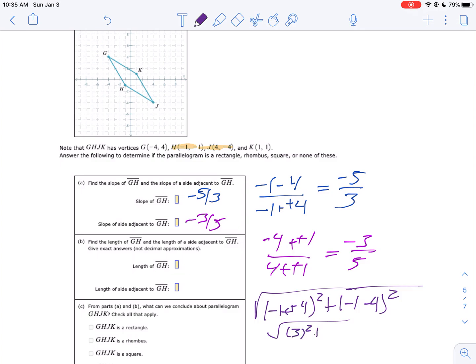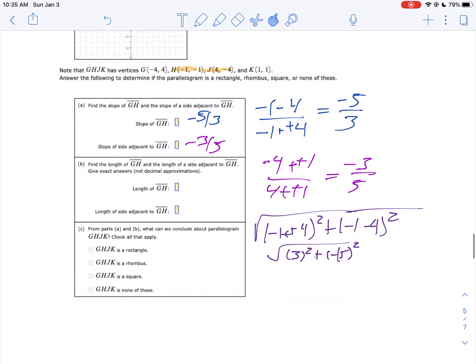Negative 1 minus 4 is negative 5. When you square a negative, you get a positive. I don't like the way that looks, so I'm going to rewrite that. There we go. So you get 9 plus 25, which is the square root of 34.